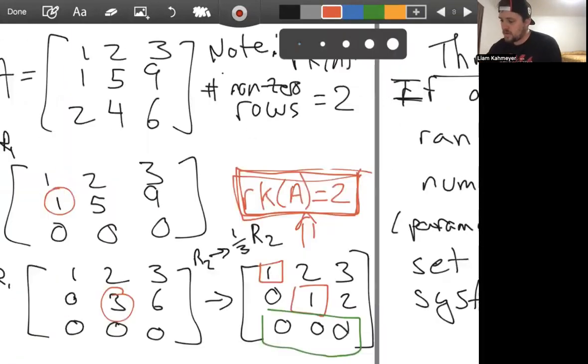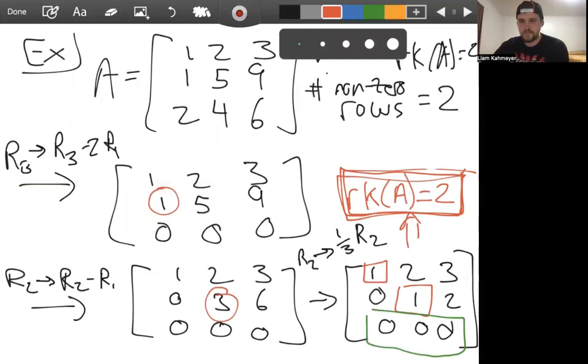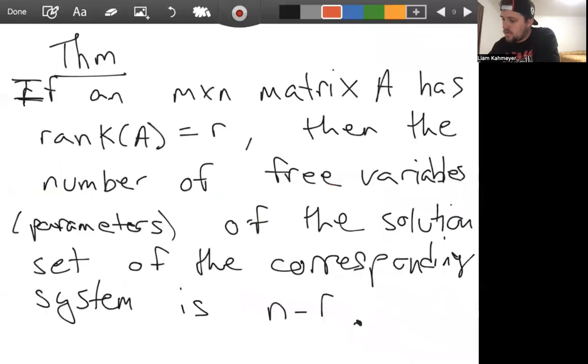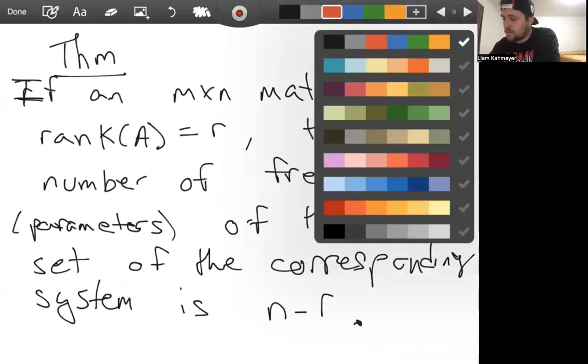We can almost do a proof by inspection here, right? Because in this case, n was 3. The number of free variables is going to be the number of all 0 rows that you have, right? And so here we have 1 row of all zeros, so that means we would have 1 free variable.